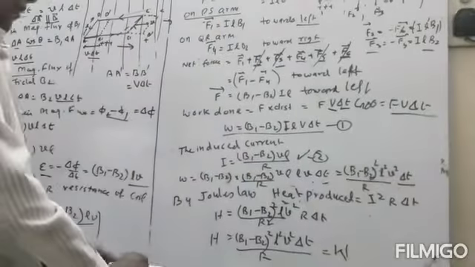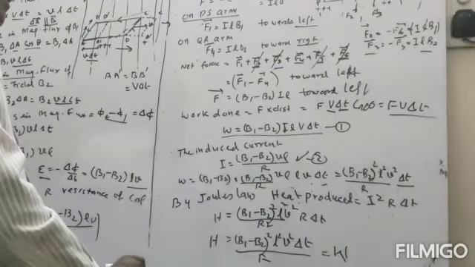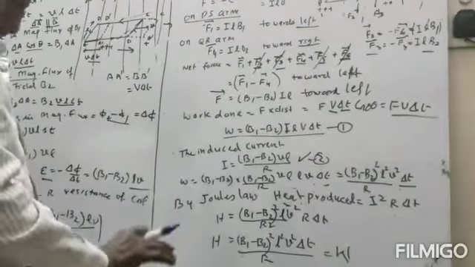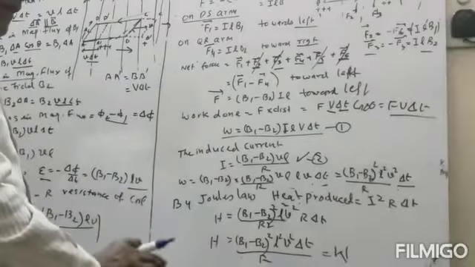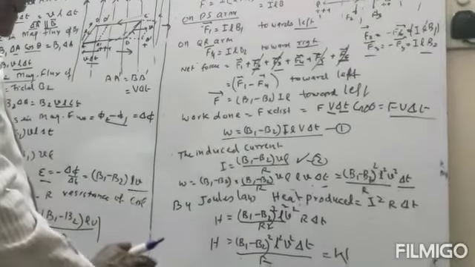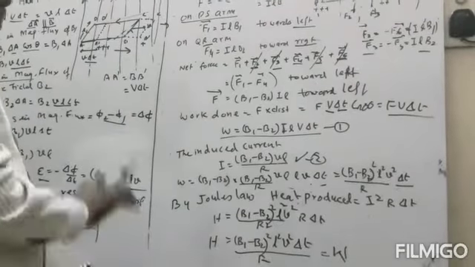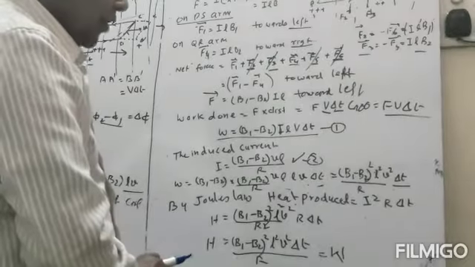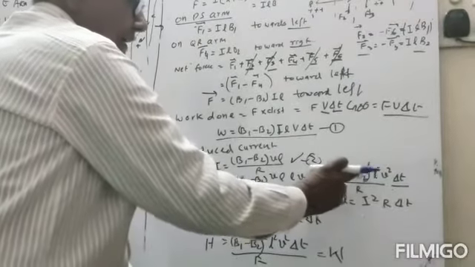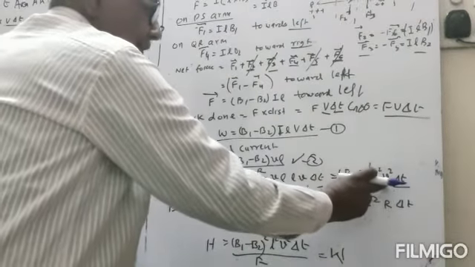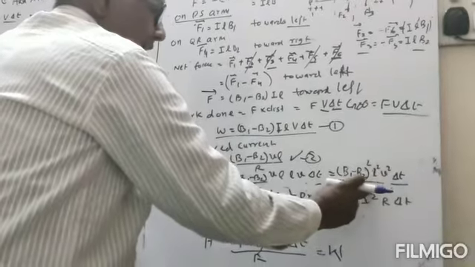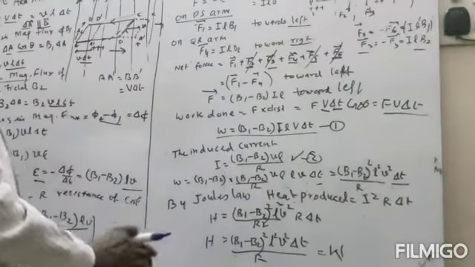So this will be the work done when this frame is moving with constant velocity for the delta t time. The total work done is (B1 minus B2) squared into L squared v squared delta t divided by R.